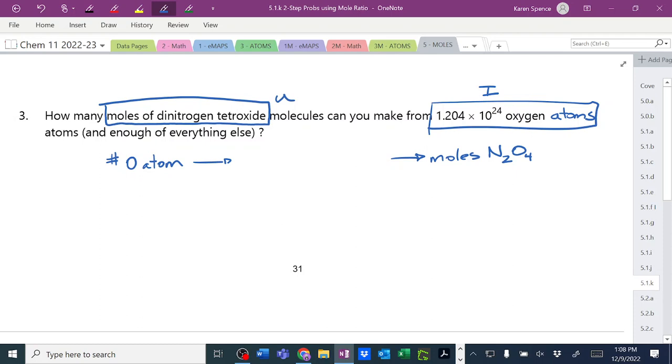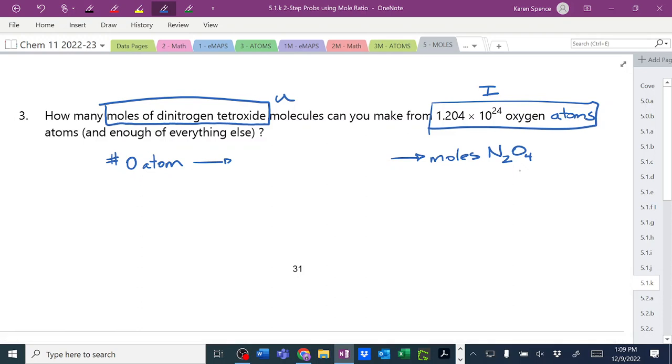Is it possible to go directly from O atoms to moles of a different thing? No, there has to be something in between. If you have moles of A, you can find the number of A. If you have number of B, you can find moles of B. But if you have moles of A, you cannot, in one step, go to the number of B. Does that make sense? Okay, so we have to go somewhere in between.